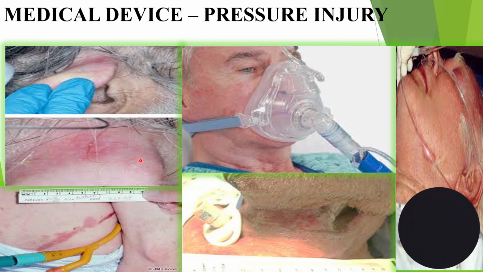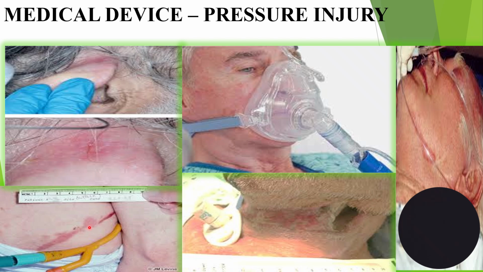So I will show you some pictures relevant to that. Here it is due to the nasal cannula, this is due to the CPAP mask, and this is due to the oxygen supply with the help of the nasal cannula. Here you can see it at the back of the ear. For the person with a tracheostomy tube, you can see there will be a pressure injury.